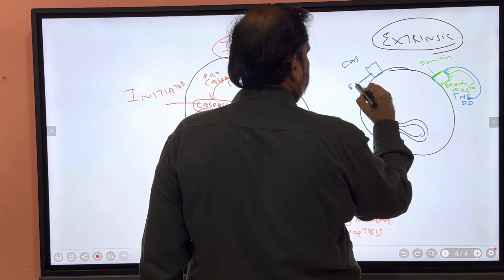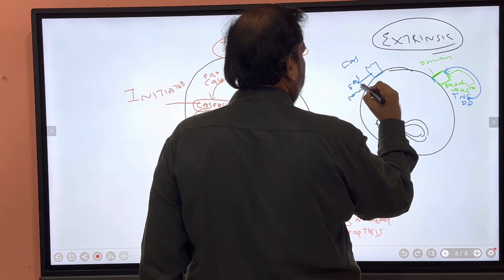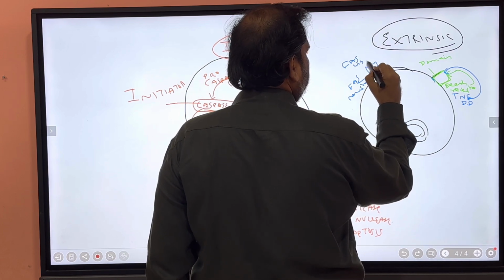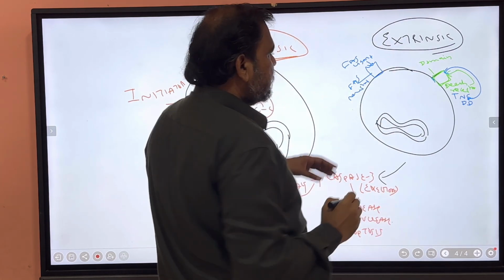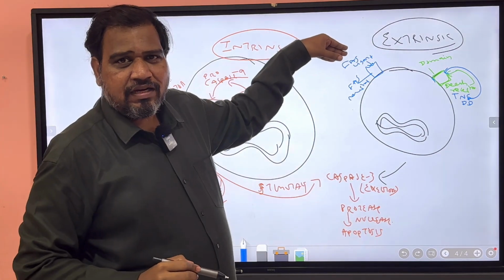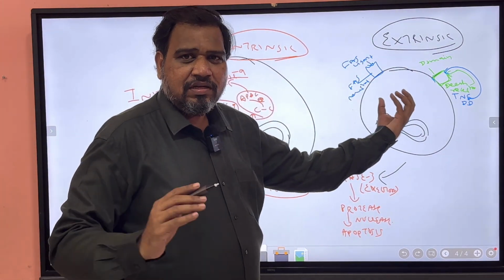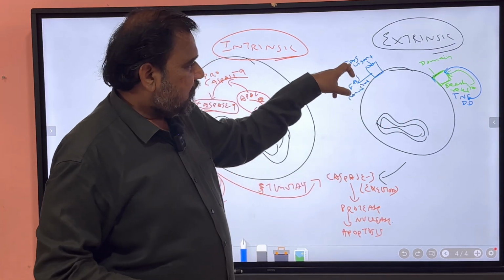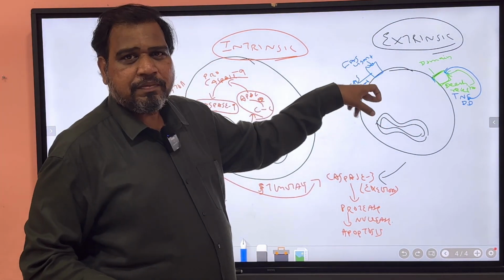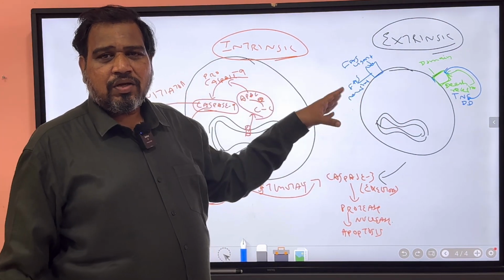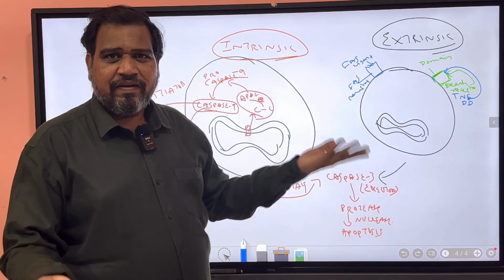This is FAS, FAS receptor, this is FAS ligand. So just to concentrate, when FAS ligand binds with FAS receptor, apoptosis inside the cell is going to be triggered. But for this FAS ligand to bind with FAS receptor, some infection has to occur from outside the cell, like any viral infection.